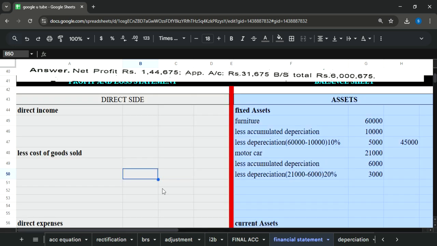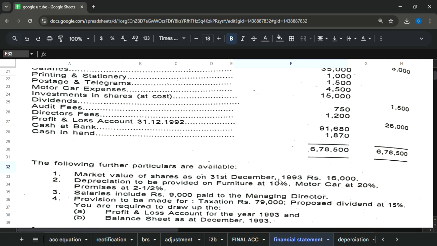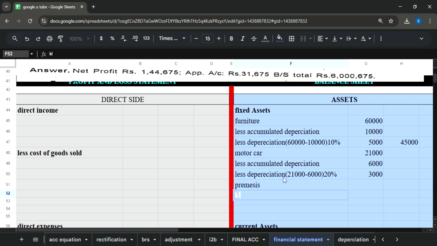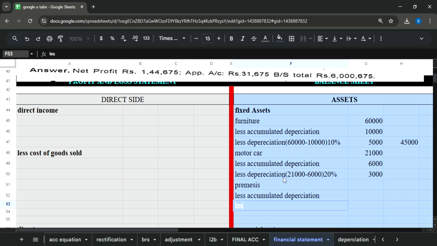First here you will mention premises and then you will subtract accumulated depreciation and then you will subtract current depreciation.